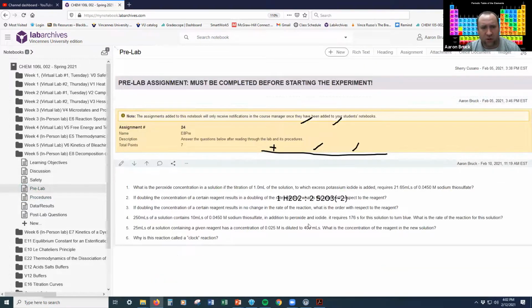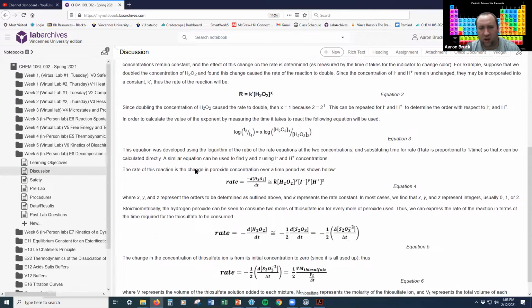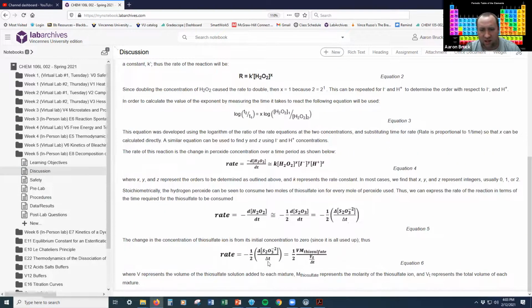In number two and number three, again, you're talking about rate law kinds of questions specifically. For number four, you are going to need an equation again out of the discussion here. The equation that you're going to want to use is this one here at the bottom. The rate of reaction is equal to 1/2 times the volume times the molarity of the thiosulfate.